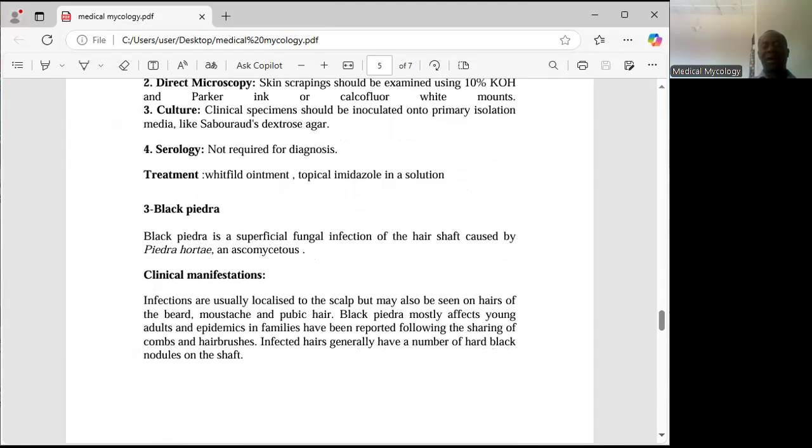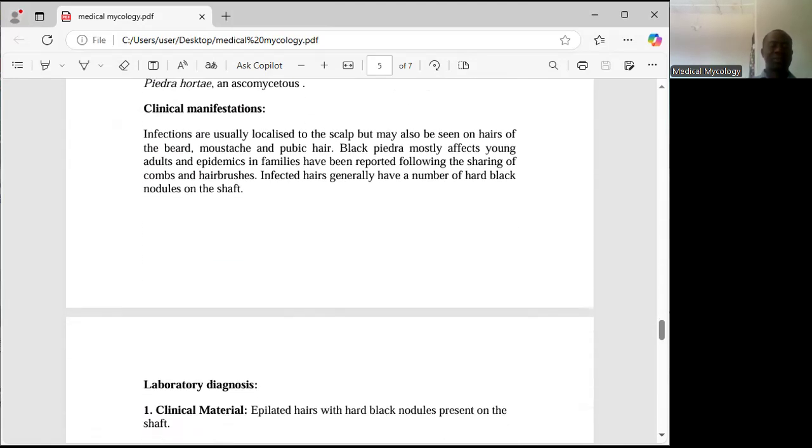Black piedra mostly affects young adults, and epidemics in families have been reported following the sharing of combs and hair brushes. Infected hairs generally have a number of hard black nodules on their shafts.